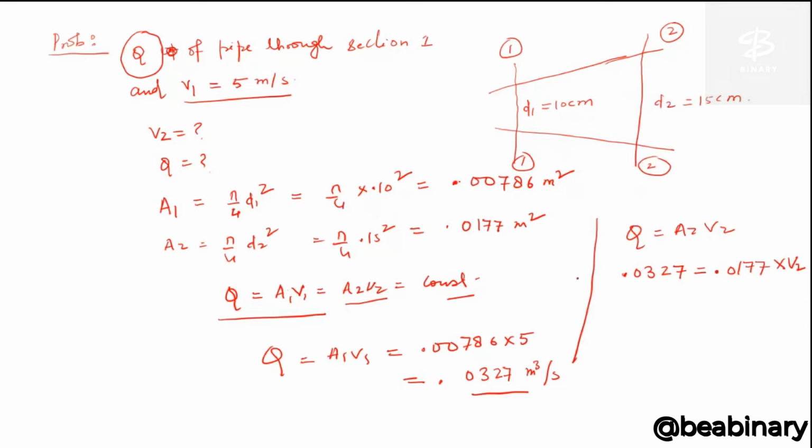From this equation we get the value of V2. So what is the value of V2? By solving this, we get V2 as 2.2 meter per second.